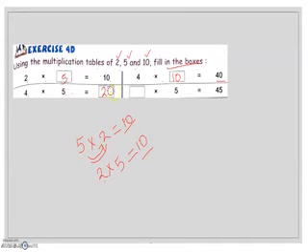Yes, 20. And dash into 5 is equal to 45. We know the multiplication table of 5. What should be multiplied to 5 to get 45? Yes, 9 into 5 is equal to 45. So that's how you can do exercises like this with the help of multiplication table of 2, 5 and 10.